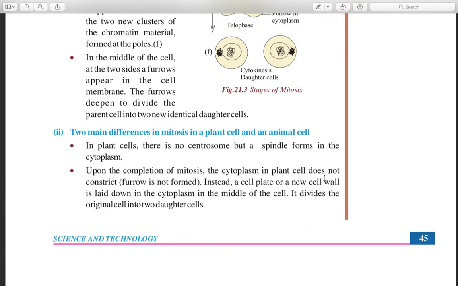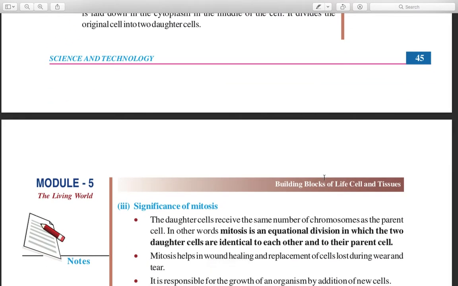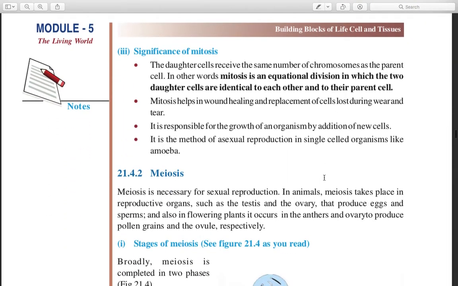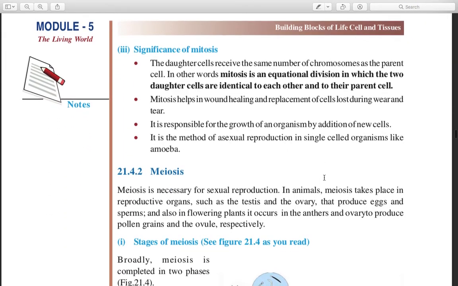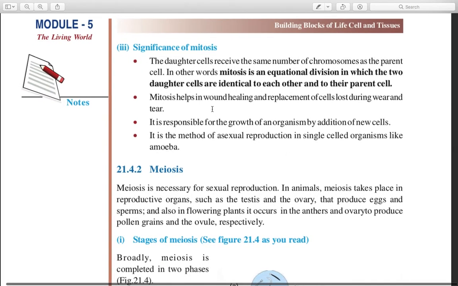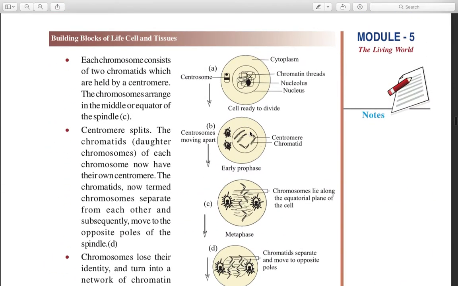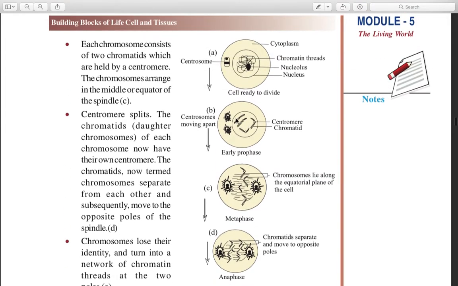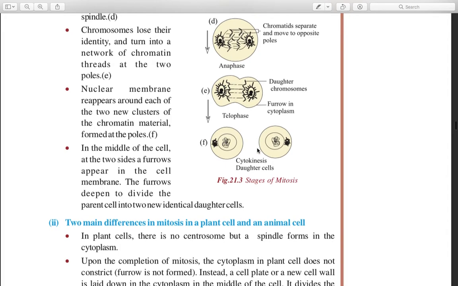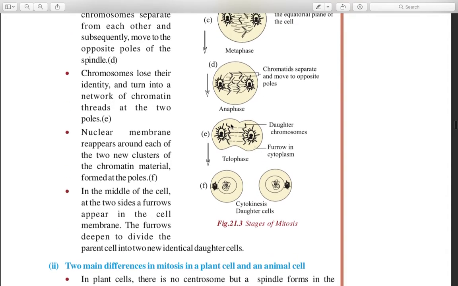identical daughter cells. So what is the significance of mitosis? The significance is importance. The first point is that the daughter cells, the new cells, receive the same number of chromosomes as the parent cell. Here you can see how many chromosomes there are: 1, 2, 3, 4 in the parent cell. After the separation you can see 1, 2, 3, 4.